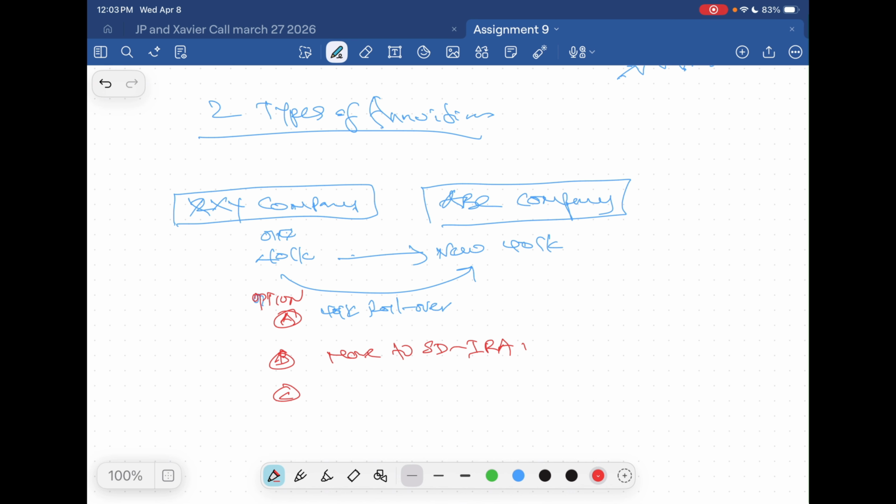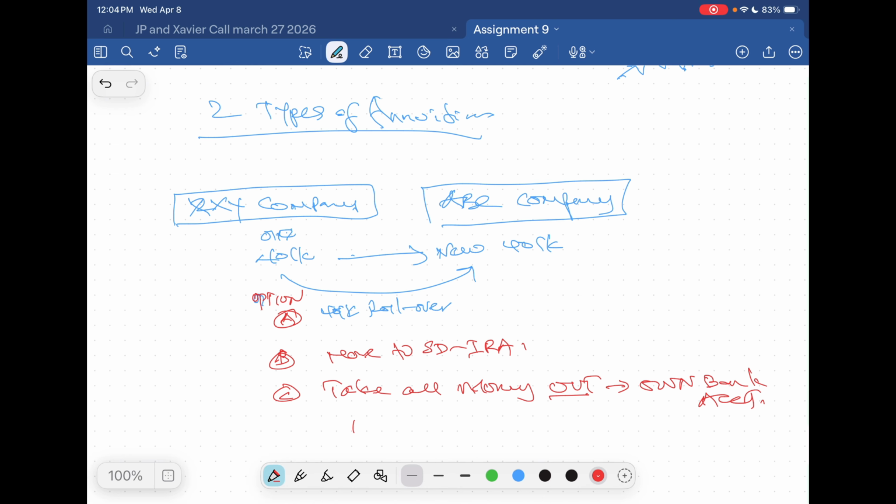And option C is, you know what? You want to take all the money out and move it to your own bank account, and start using that money. So this option is not a good idea. Why?